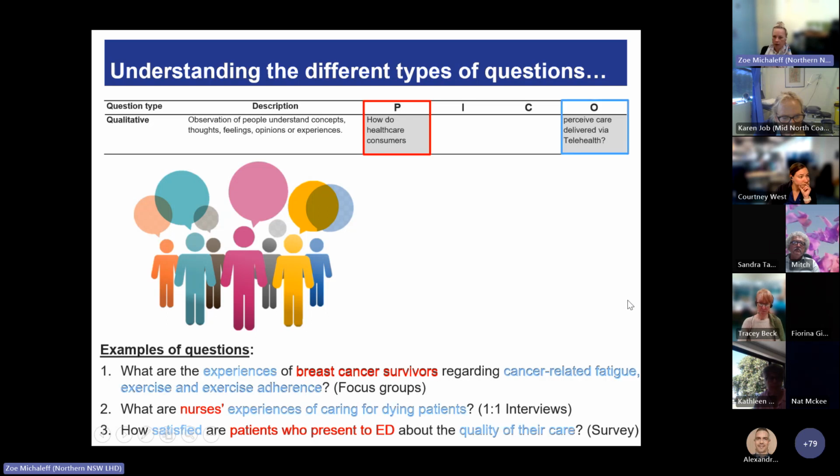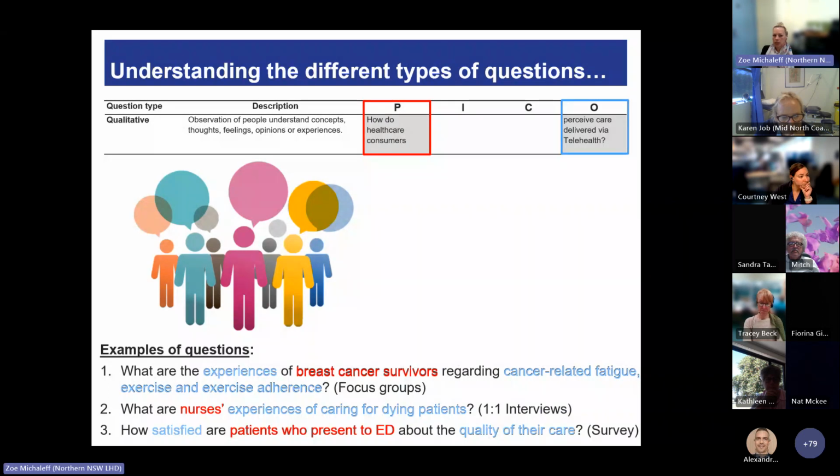And you also need to define the outcome of interest. So people's experiences around cancer-related fatigue, exercise and exercise adherence, experiences of caring for dying patients, and lastly, people's satisfaction with the quality of care that they receive.